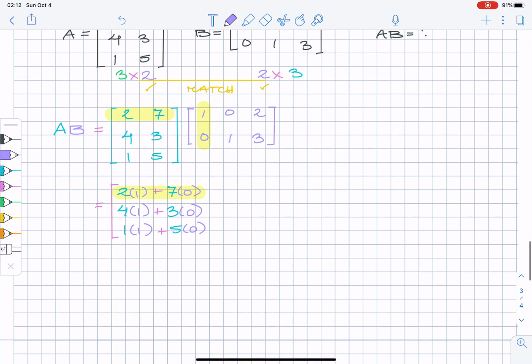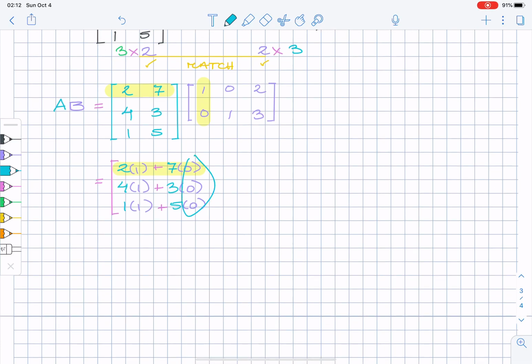Notice that these entries here are the whole matrix A, right? Whereas these entries are the first entry in the first column of B, and then the second entry.